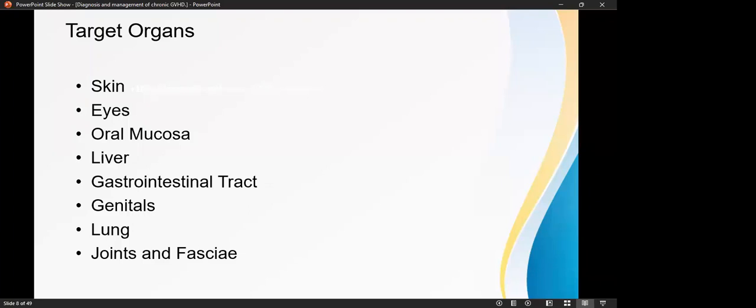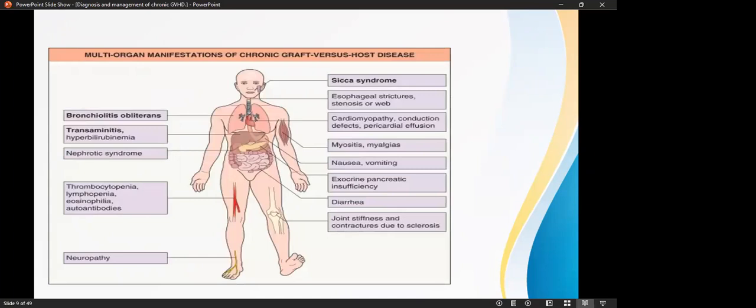Chronic GVHD in different tissues is mainly contributed to by tissue fibrosis and antibody deposition in these tissues. Due to these antibodies and deposition, the organs targeted are the skin, eyes, oral mucosa, liver, GIT, genitals, lungs, joints, and fascia.